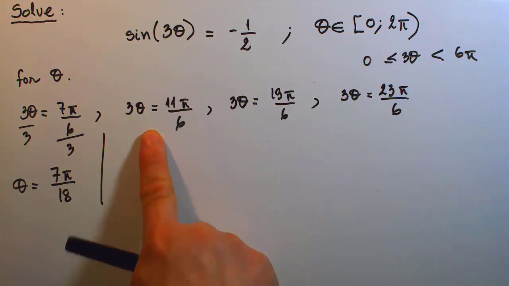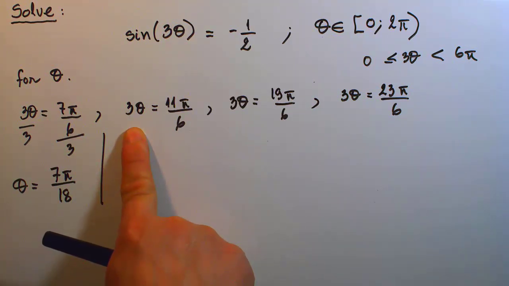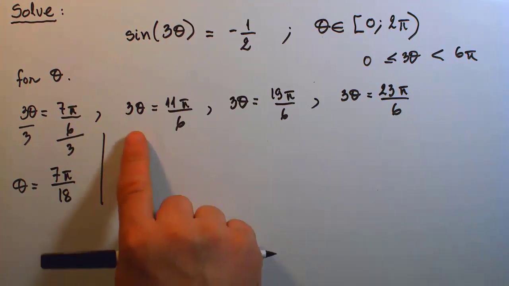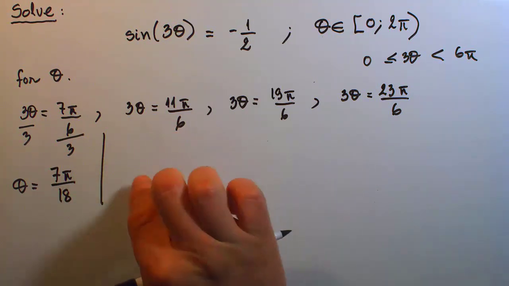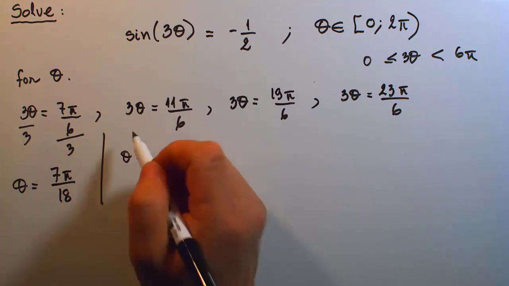This next value, 11 pi over 6 equals 3 theta, produces for us another sub-equation. It reads 3 times theta equals 11 pi over 6. So we can simply solve for theta from there by dividing both sides by 3.